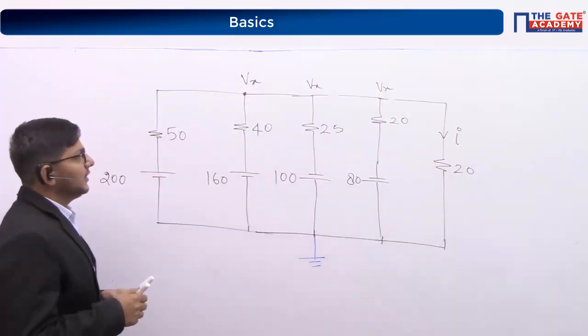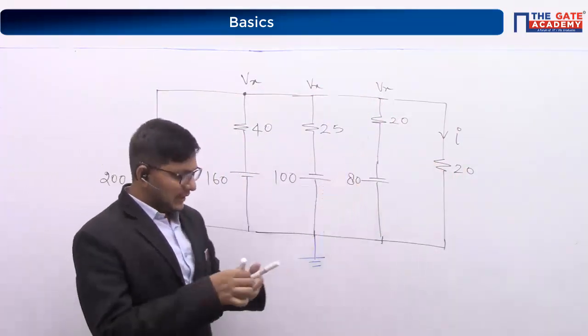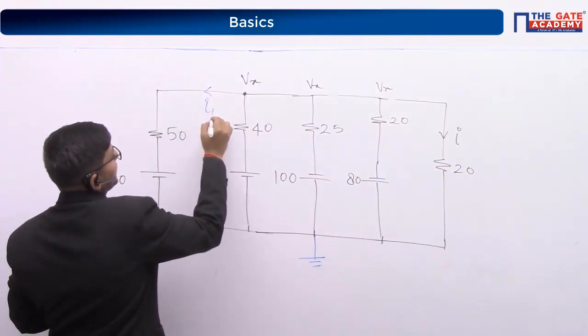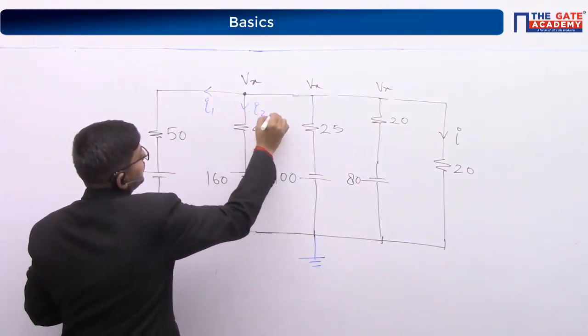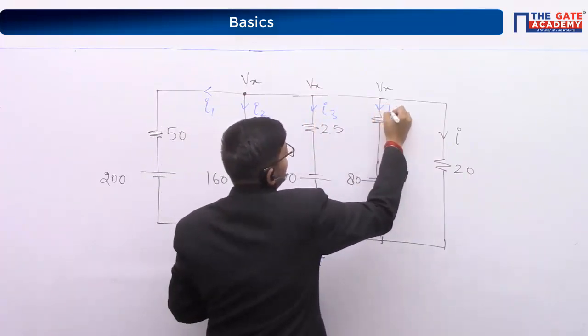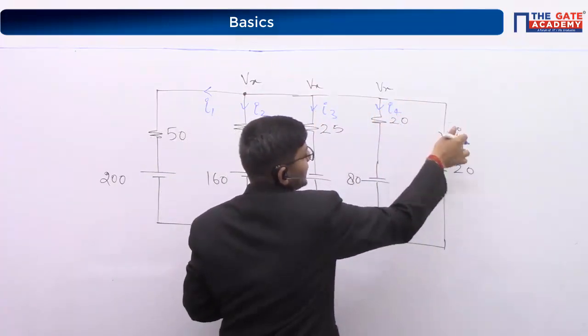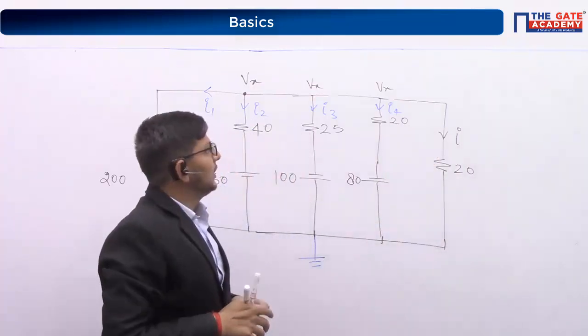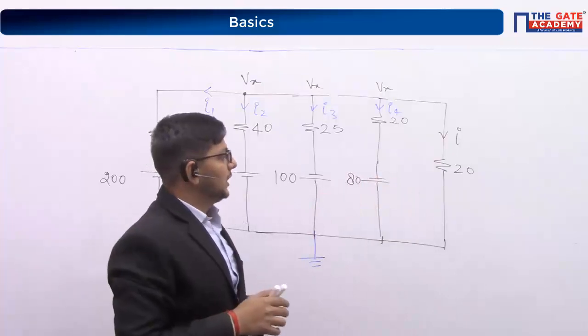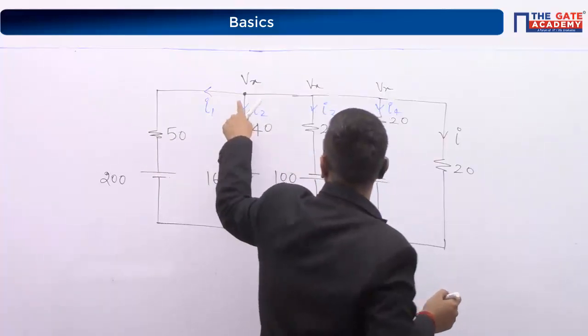Now we have to find what the current I is. So let us assume this branch current is I1, this branch current is I2, this branch current is I3, this branch current is I4, and this branch current is already given as I. Let us find what the incoming current to the node is and what the outgoing current from the node is.